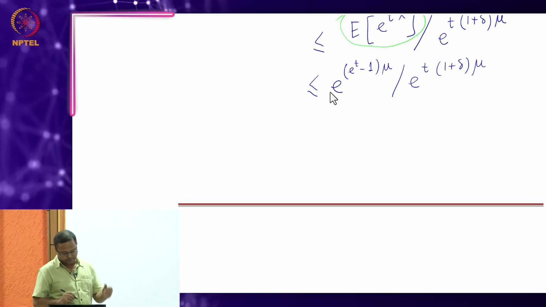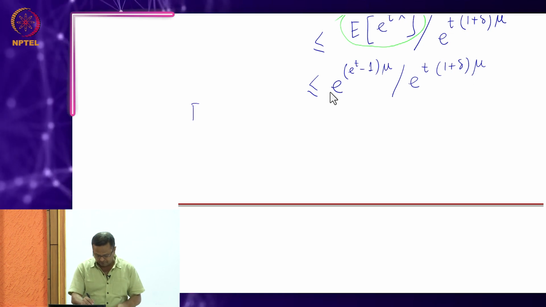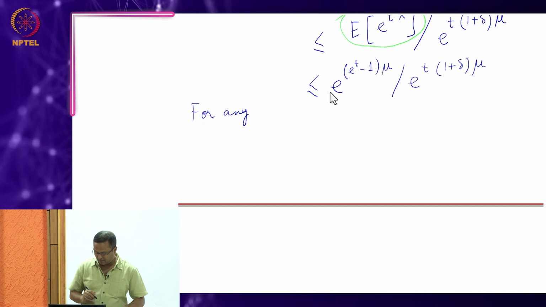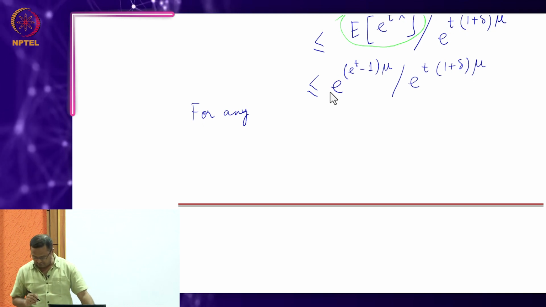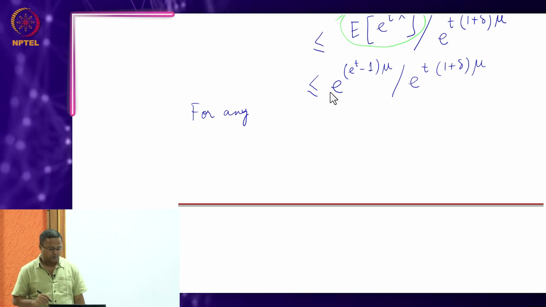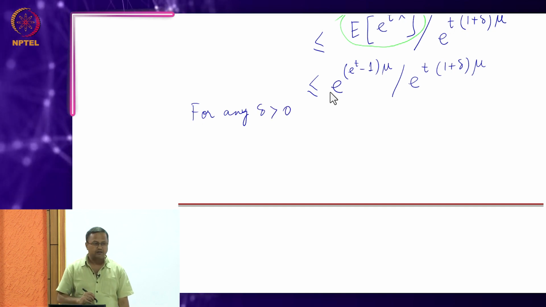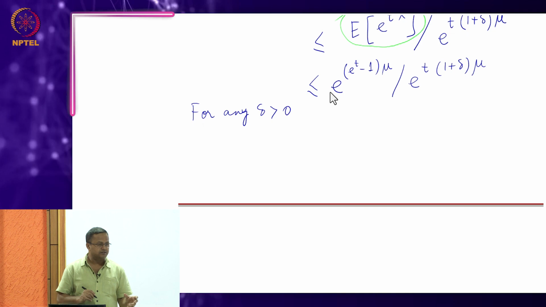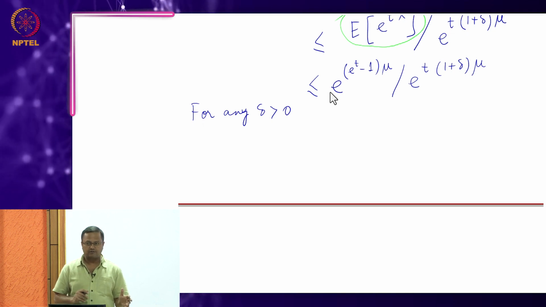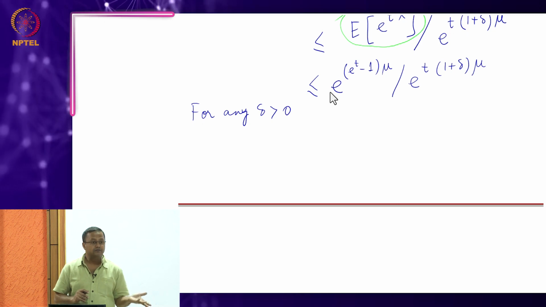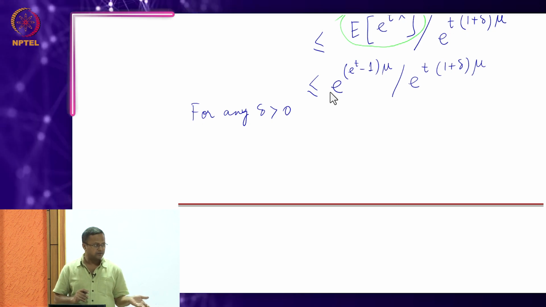Now, choose your t suitably. Now, for any delta greater than 0, you see, a good choice of t is a logarithmic function, because e to the power of log n is n, right. That is the reason.